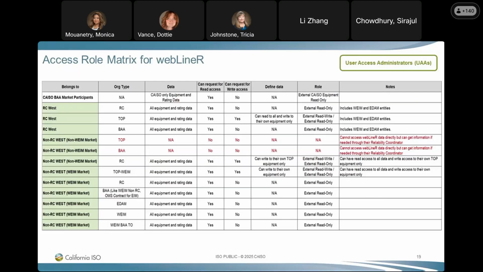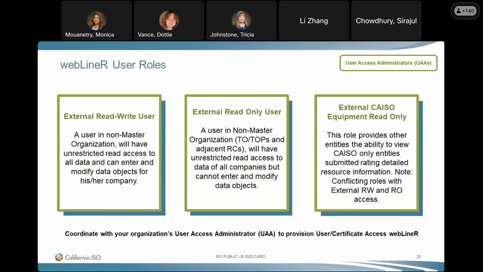Basically, you'll be able to view the equipment and rating data, but you won't be able to see the dashboard. For the CAISO BA, they're the only ones that can request the external CAISO equipment read-only. As mentioned, it provides entities with the ability to view CAISO-only entity submitted rating detail and resource information.